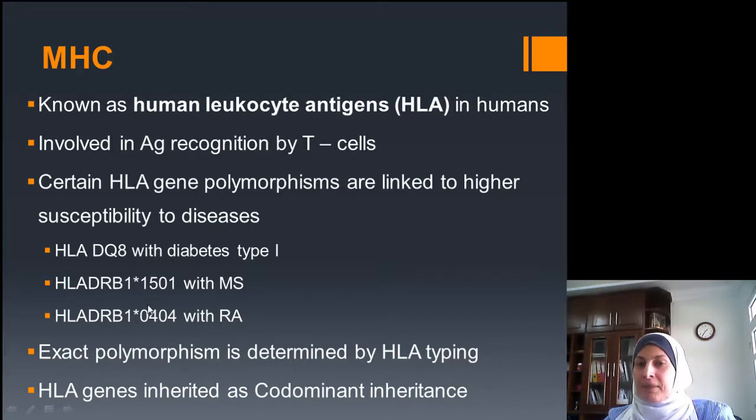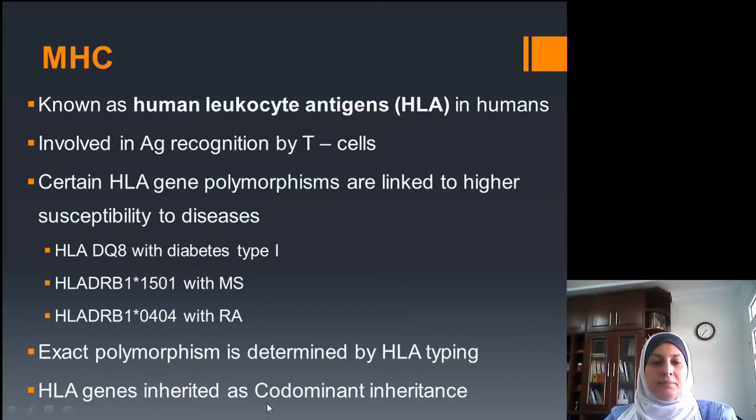The exact mechanism how and why these HLA molecules are associated with particular diseases is not really known. Maybe the shape of the antigen binding area is responsible, but how it makes the person more susceptible to develop diabetes, for example, is not really known.